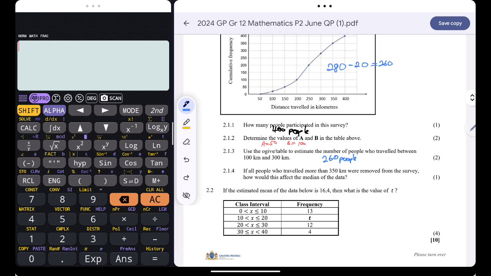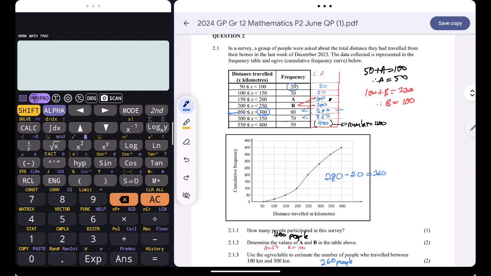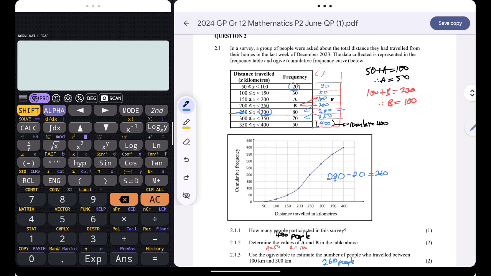Okay, if all people who traveled more than 350 kilometers were removed from the survey, how would this affect the median of the data? Basically, they're just removing the 50 people who traveled the highest distance.